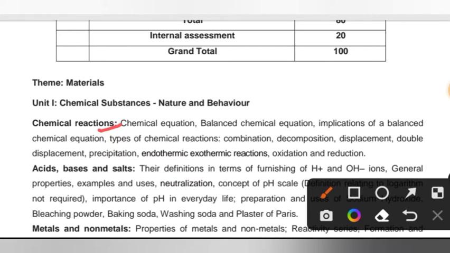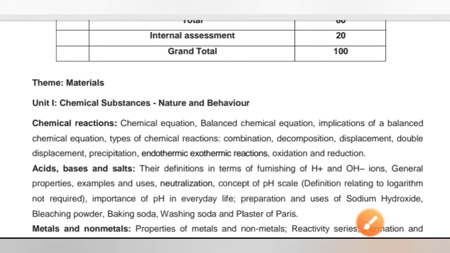Chemical reaction covers: definition, balanced chemical equation, types of chemical reaction such as combination, decomposition, displacement, double displacement, precipitation, endothermic and exothermic reactions, and oxidation and reduction. And an important question: is respiration an exothermic or endothermic reaction?